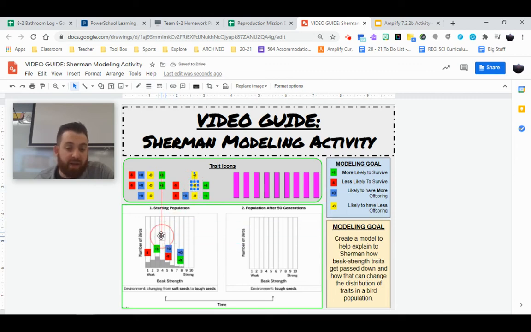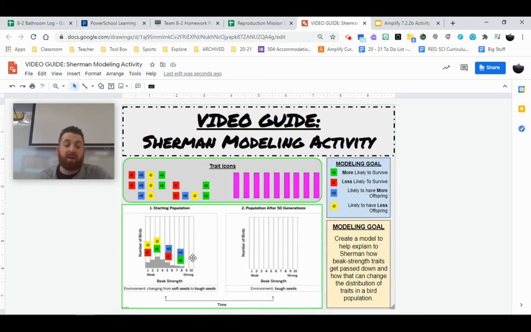And you can do the opposite or the same thing for others. So some might have double, some might have single. You can match them up more than one on different distribution bars. It's totally up to you. But you need to decide which of these bars represent birds that are more or less likely to survive and which of these bars represent birds that are more or less likely to have offspring.